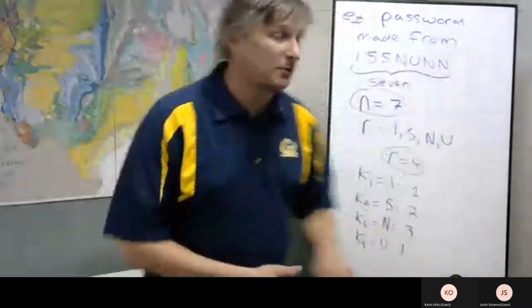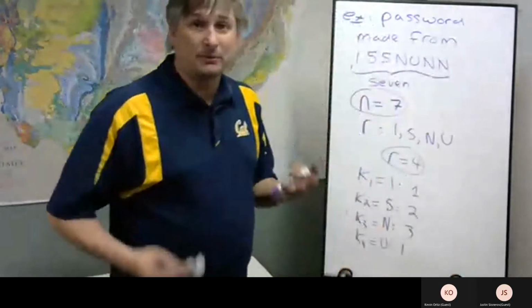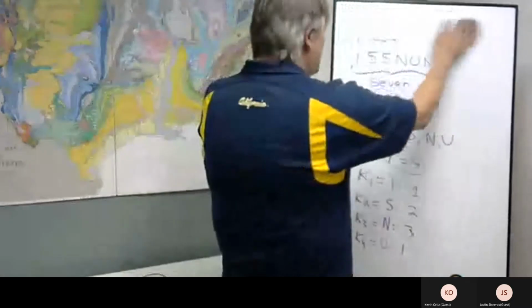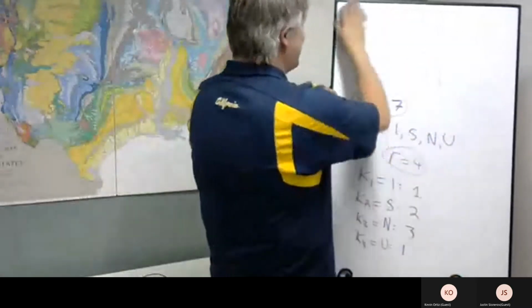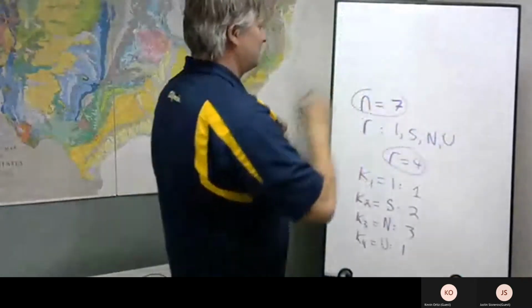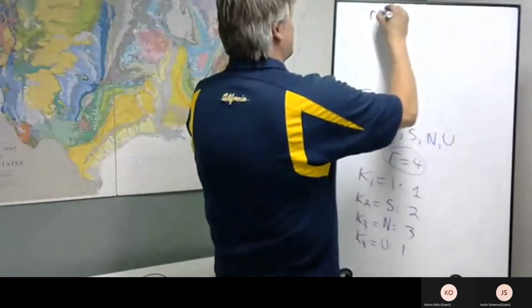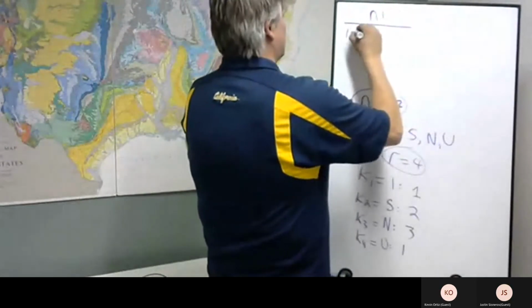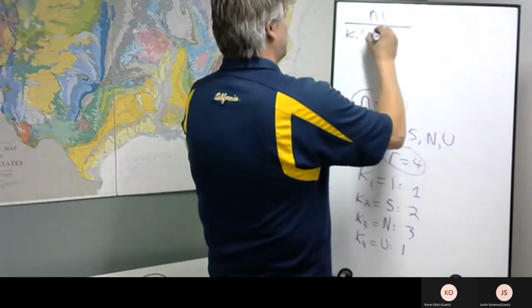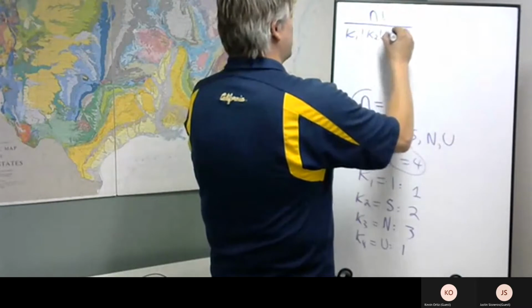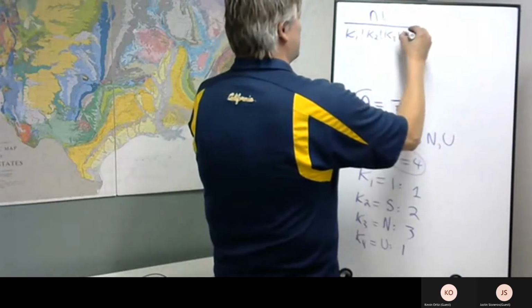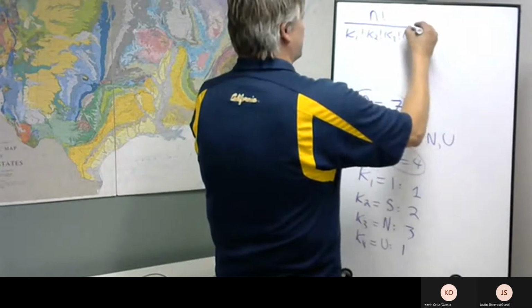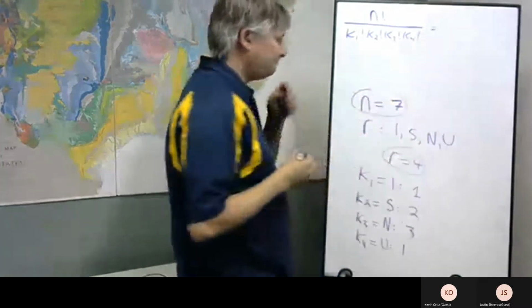So now we can use our formula. How many passwords are we going to be able to generate that are legitimate, different passwords? We'll do N factorial over K1 factorial, K2 factorial, K3 factorial, K4 factorial.